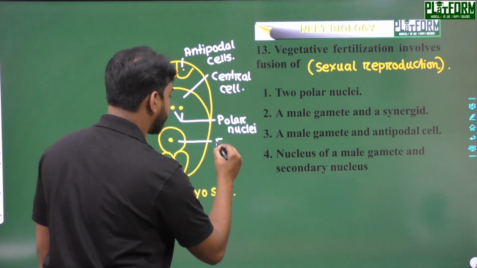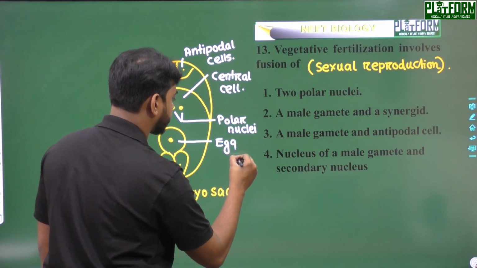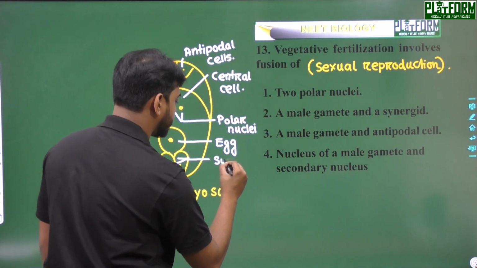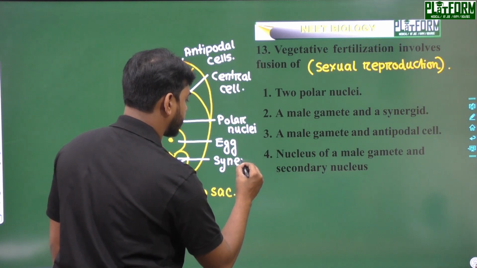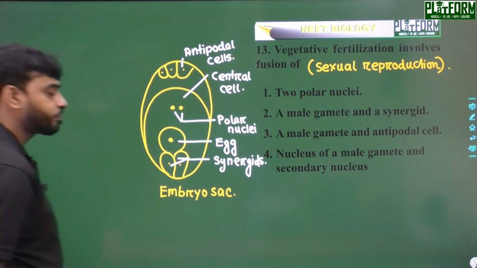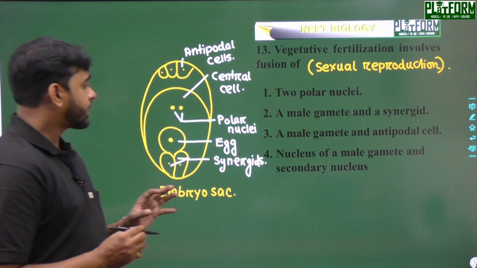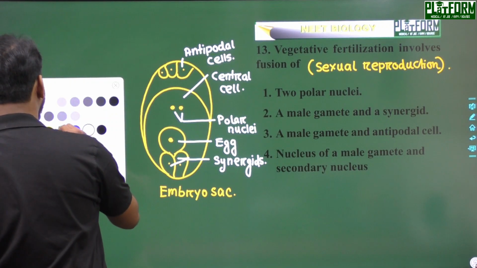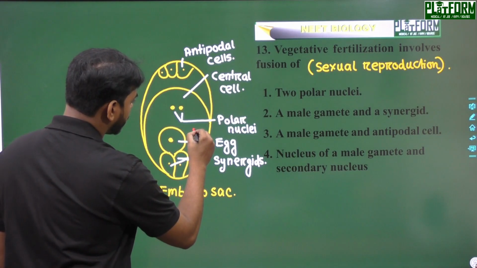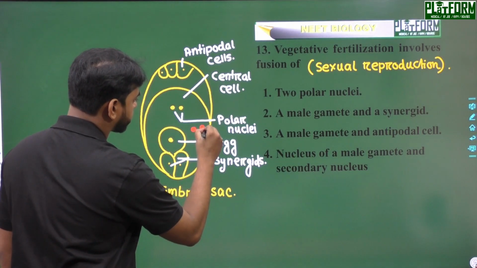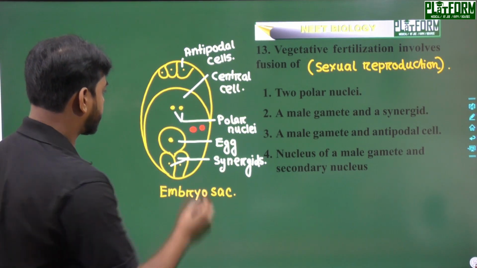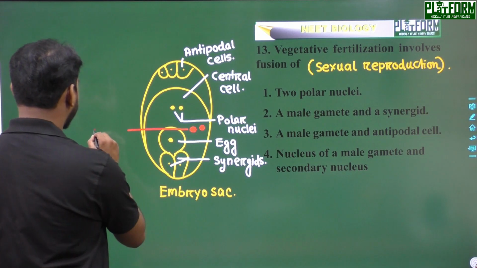This one is the egg, and these two are the synergids. Fine. Now we know that at the time of fertilization, two male gametes enter inside the embryo sac. So these are the male gametes.